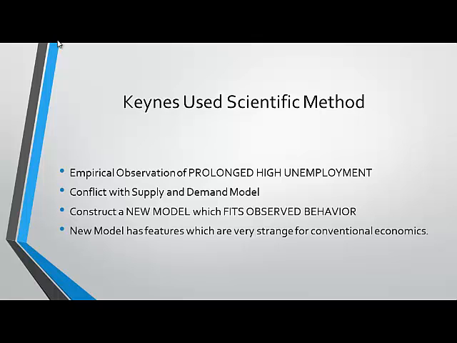So Keynes' new model has some features which are, as we discussed, very strange for conventional economics, because Keynes says that laborers do not maximize utility, the disutility of labor is not set equal to the real wage. He explicitly rejects that. And since the negotiation is over the nominal wage, that means that money matters in a real way, and he says that explicitly, that money is not neutral.